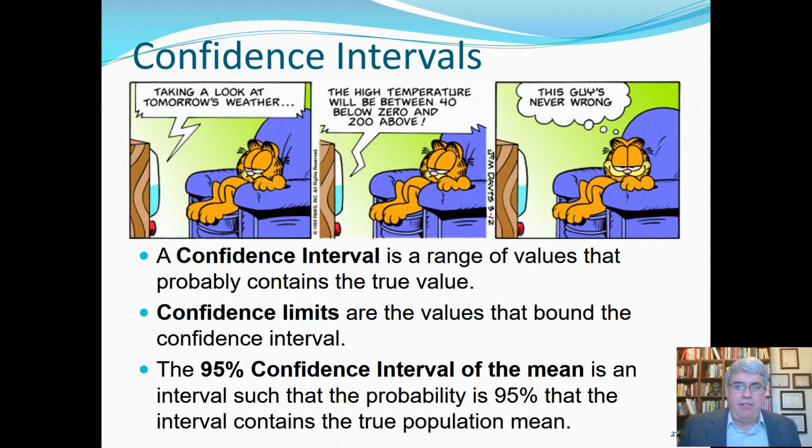Now let's talk about confidence intervals. In this example, we have Garfield sitting watching TV, and he's watching the weather. And the weatherman says, "Taking a look at tomorrow's weather, the high temperature will be between 40 below zero and 200 above." And this is Fahrenheit, in case you're watching this someplace else.